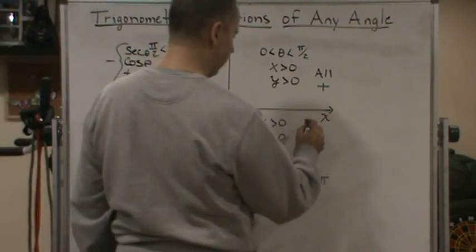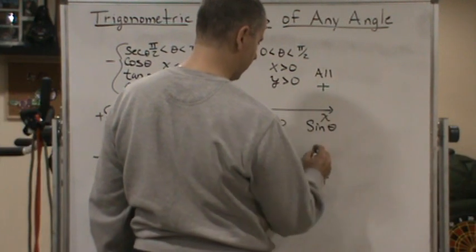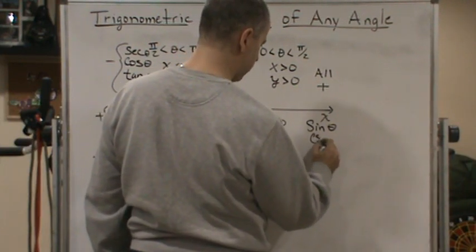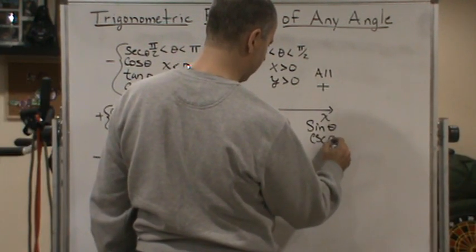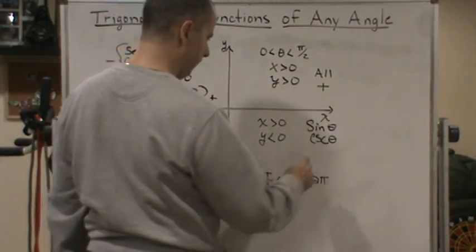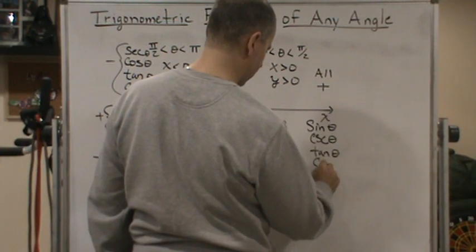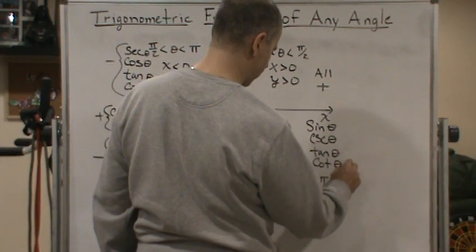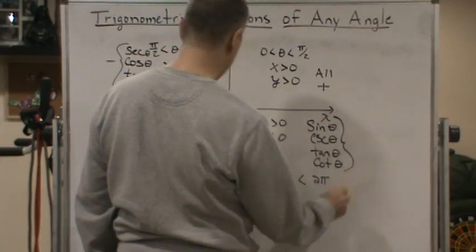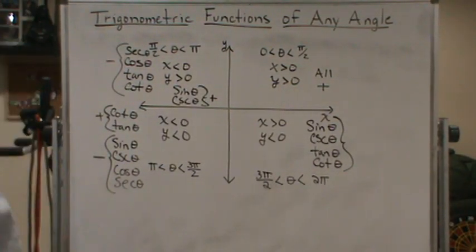That's sine theta and its reciprocal, cosecant theta, and then tangent theta and cotangent theta are going to be negative.